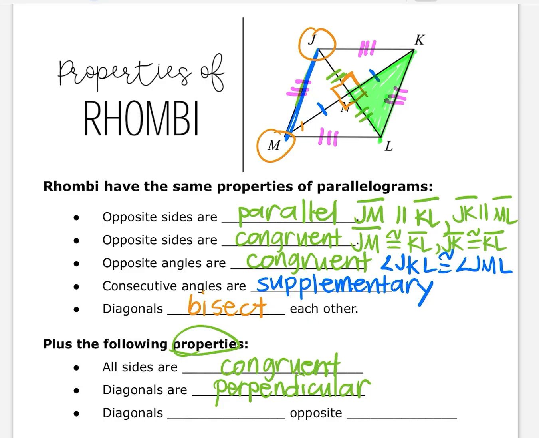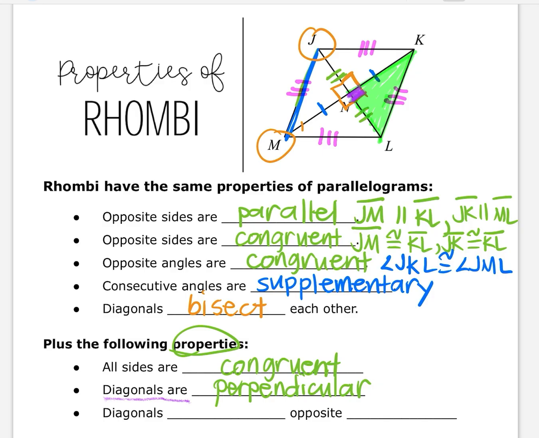Why? Because this angle is a right angle. So each of the four triangles is considered a right triangle because of this property: diagonals are perpendicular.